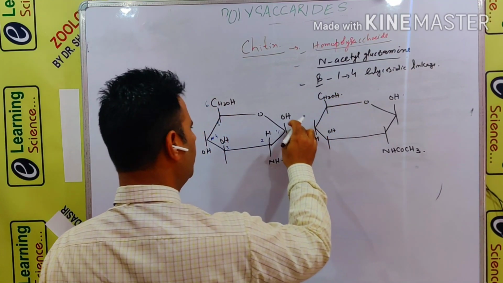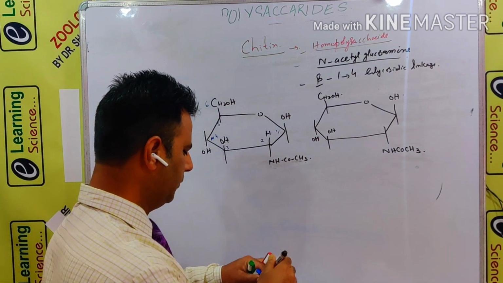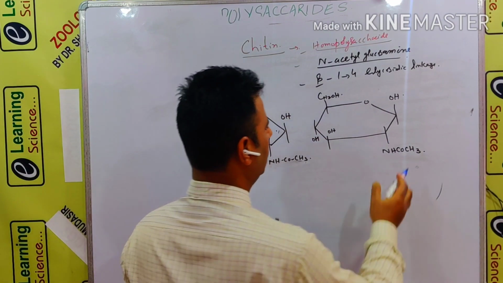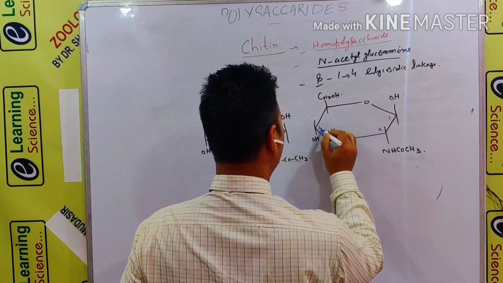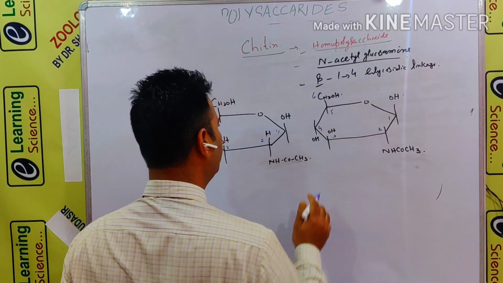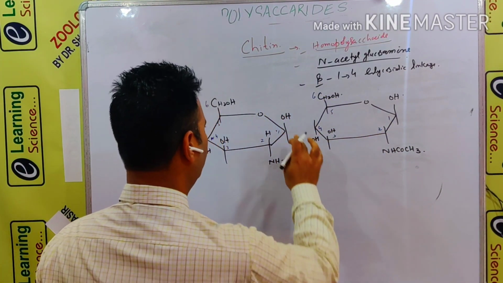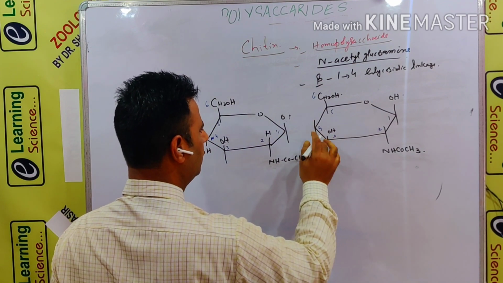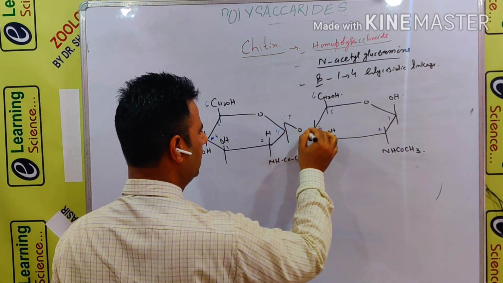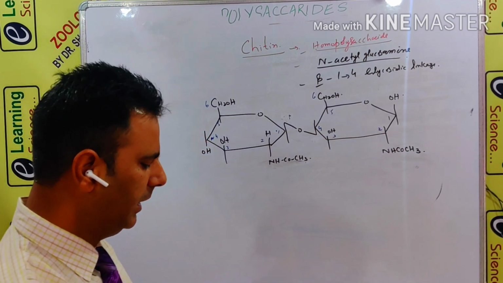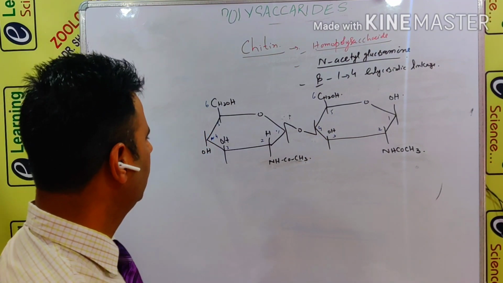Between the two, 1 and 4, there is formation of a glycosidic bond. This H and OH will go, and this oxygen will be used in the bonding, which we call a glycosidic bond.